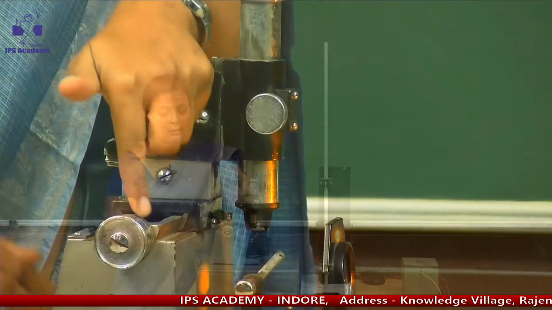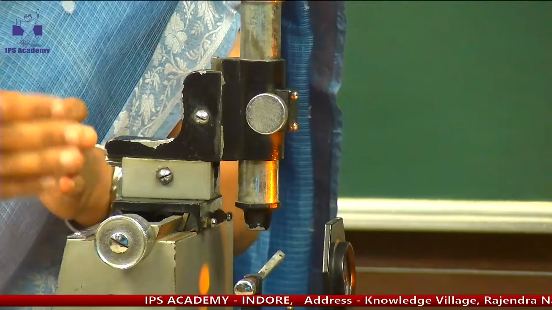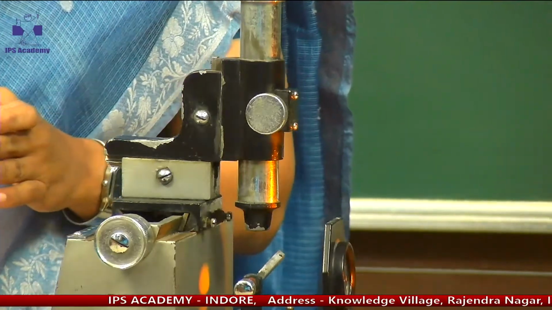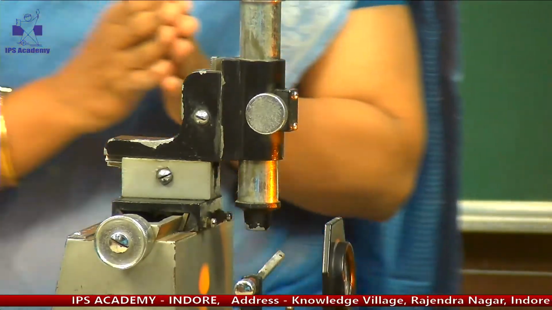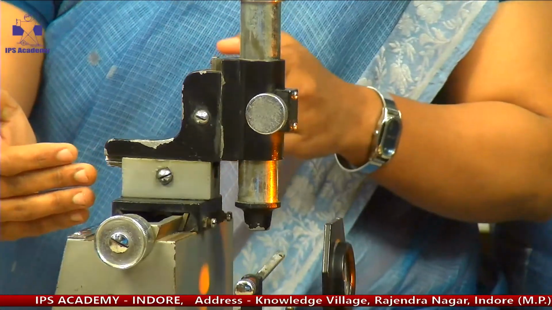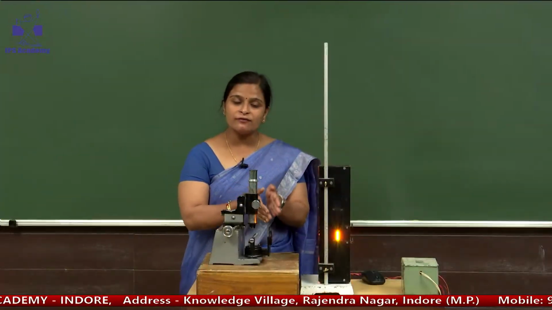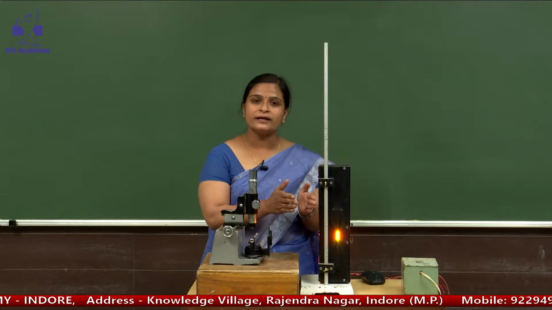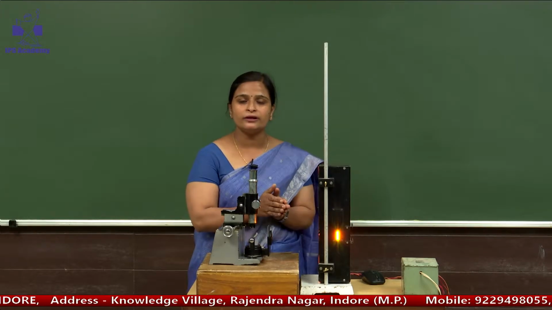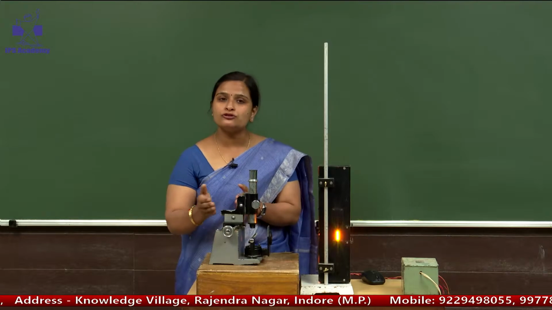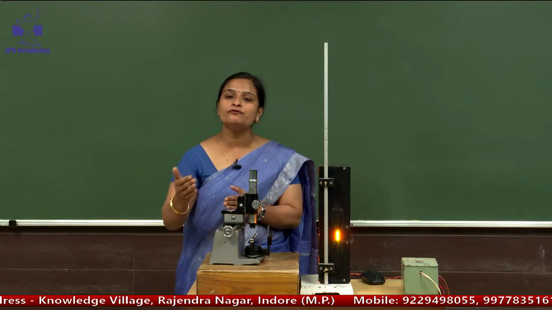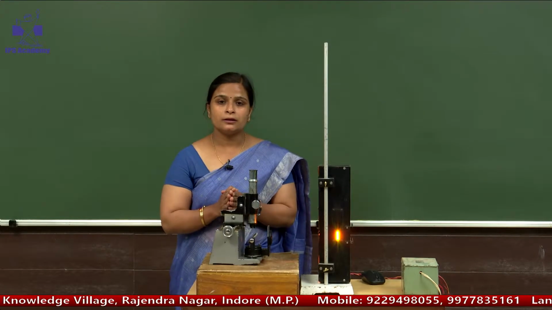And we will take the readings from the 6th to the 14th ring. So I think it is clear to all of you how we are taking the readings of the rings. On the left hand side we have 10 readings from the 5th ring to the 14th ring, and on the right hand side also we have the readings from the 5th to the 14th ring.